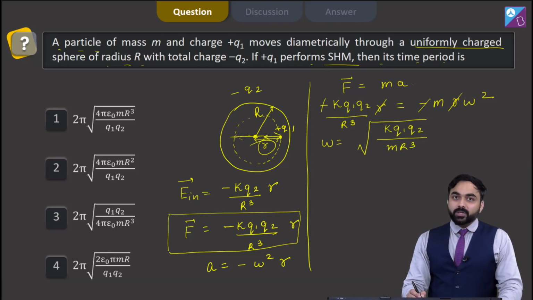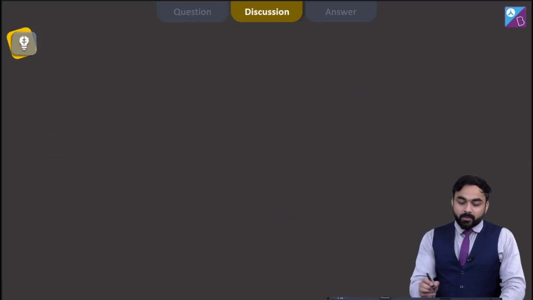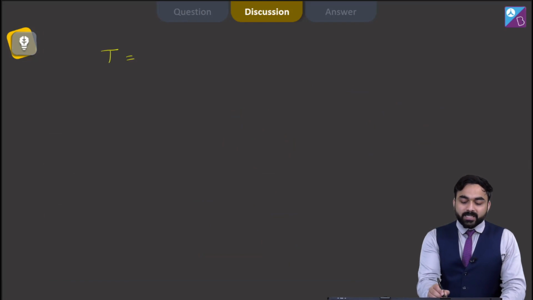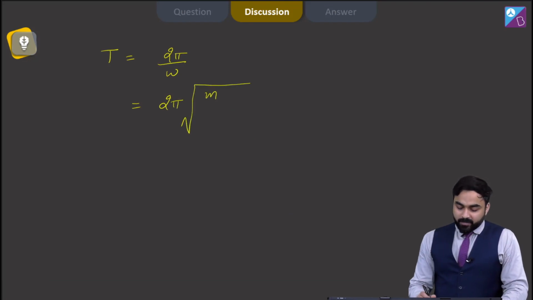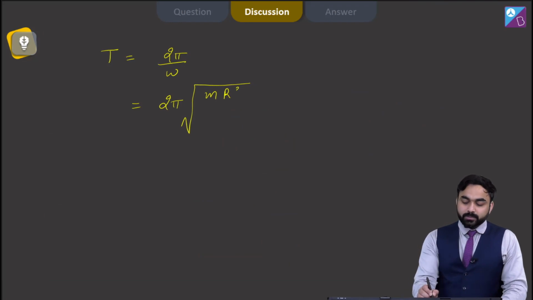Now we need to calculate the time period of SHM performed by plus q1 charged particle diametrically. So time period is given by the expression 2 pi by omega. Therefore time period would come out to be 2 pi under root m into R cube over k q1 q2.